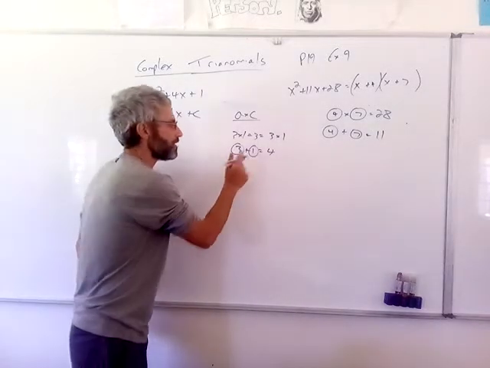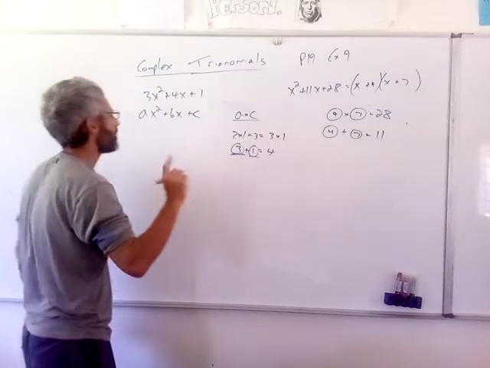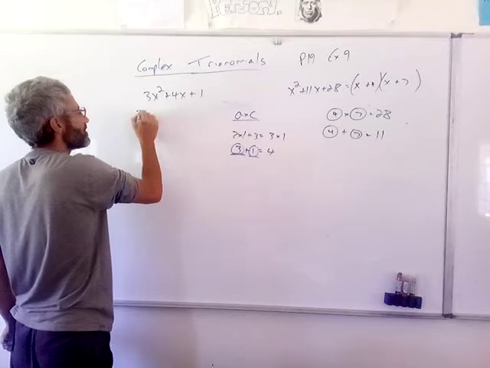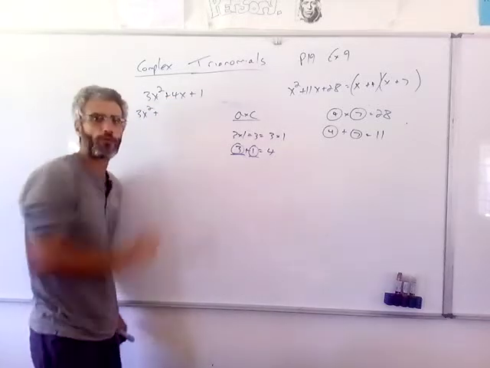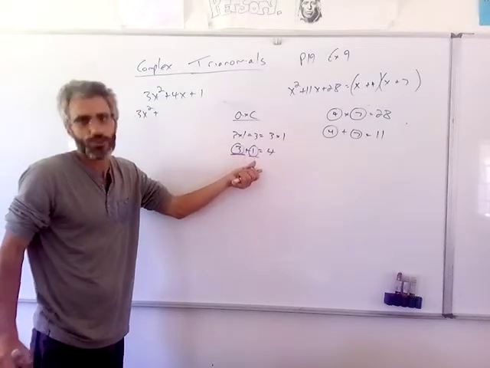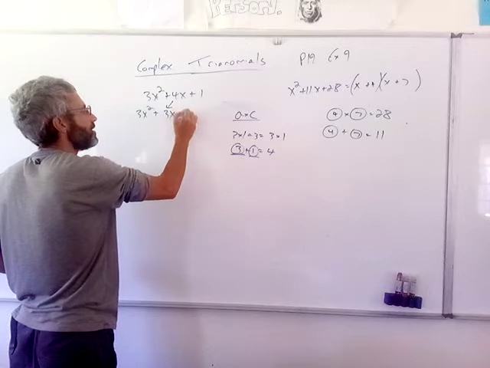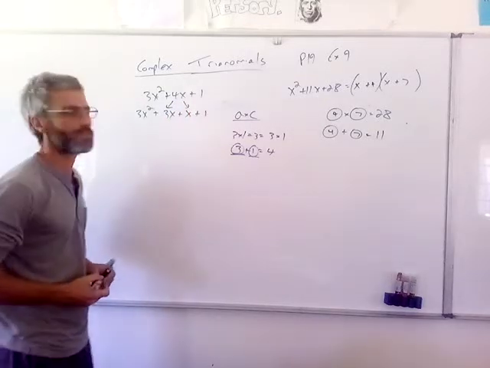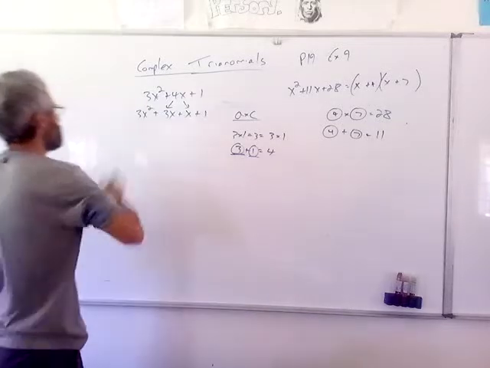What I need to do is identify these two numbers, the 3 and the 1, and check out what I'm going to do now. I'm going to write the first term like this, 3x squared, plus, I'm going to split the 4x into 3x plus 1x, just x. And the 1 I will leave as it is. So that's the first stage.